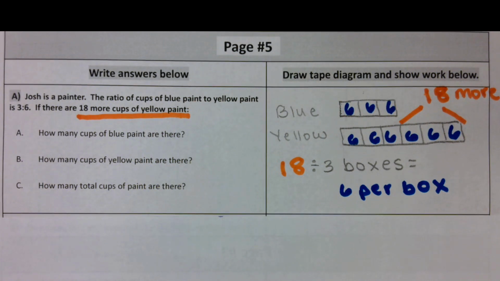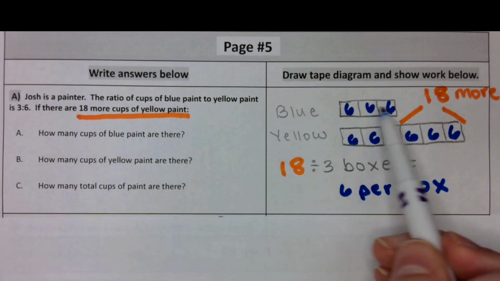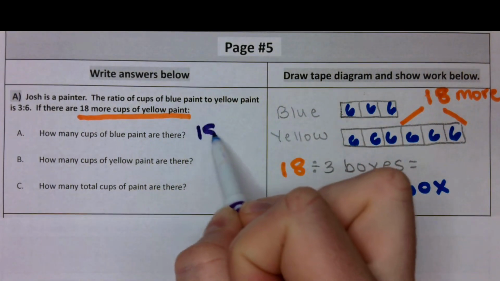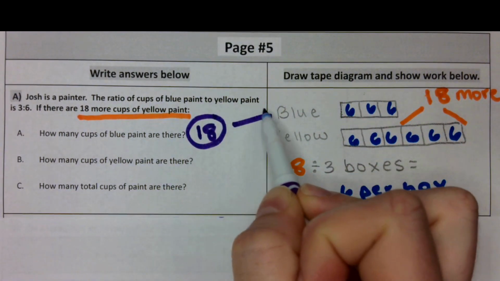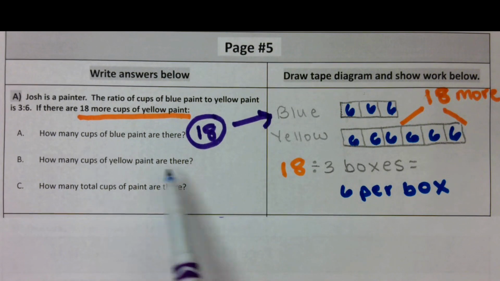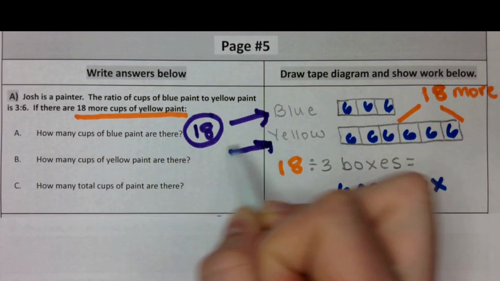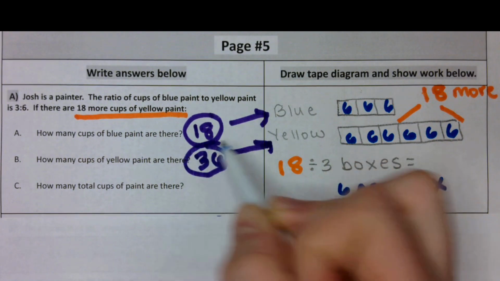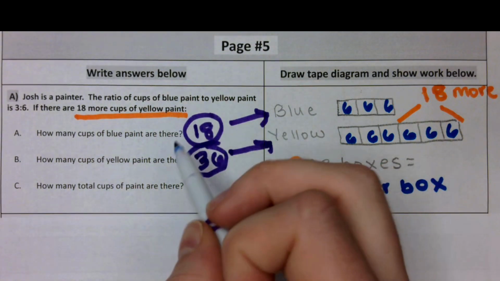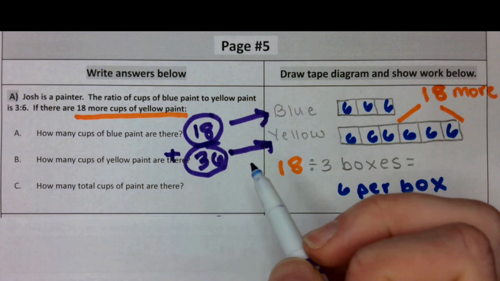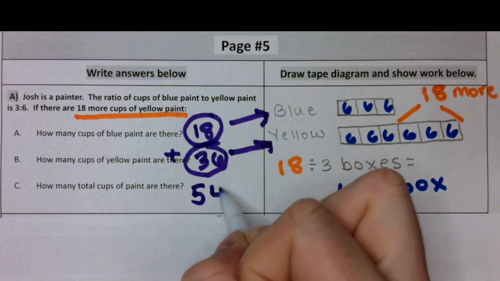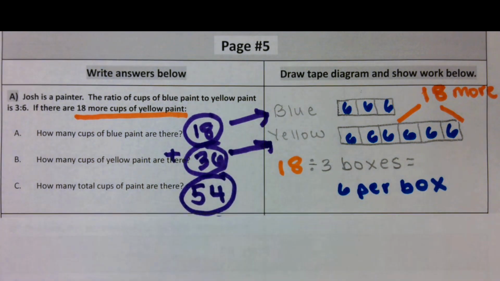Last step, answer the question, how many cups of blue paint? 6 times 3 is 18. How many cups of yellow paint? 6 times 6 is 36. And then how many total cups of paint altogether? We'll add them together and get 54. Complete the rest of page 5 and then come back to the video.